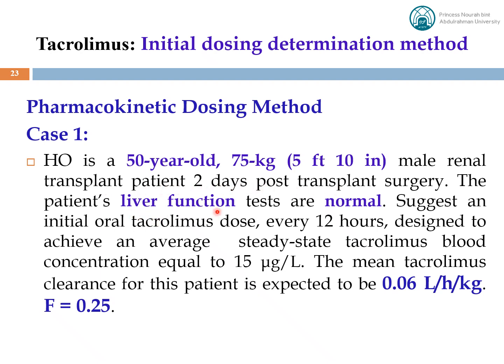The patient's liver function tests are normal. Suggest an initial oral tacrolimus dose every 12 hours, which is the tau value, designed to achieve an average steady-state tacrolimus blood concentration equal to 15 micrograms per liter.